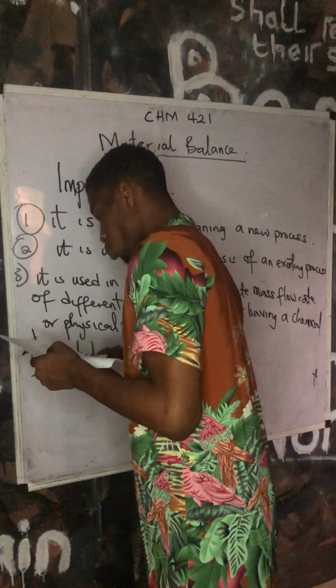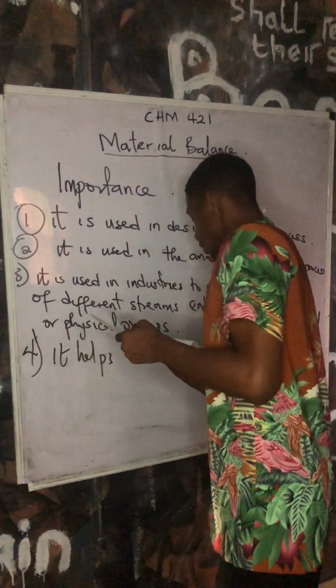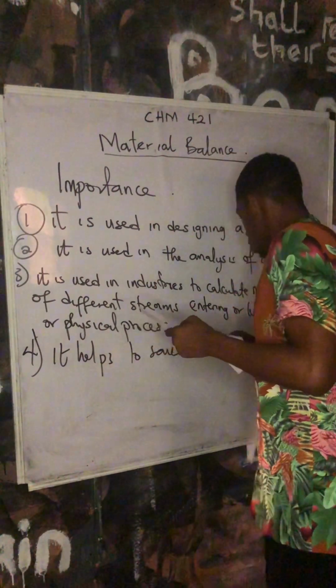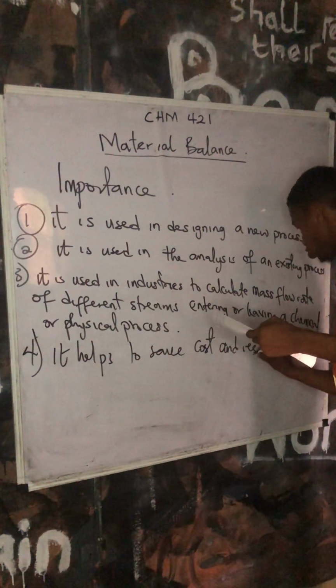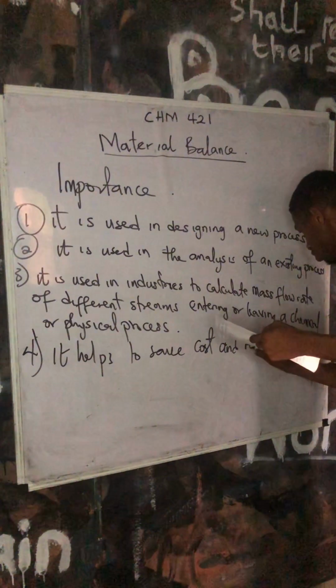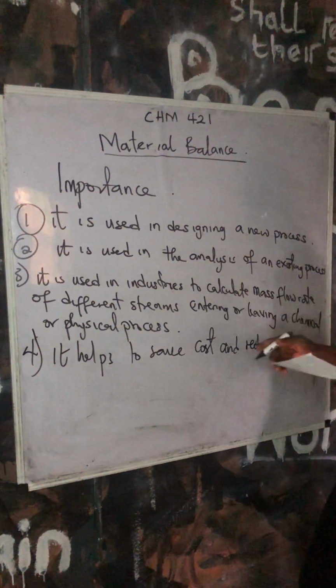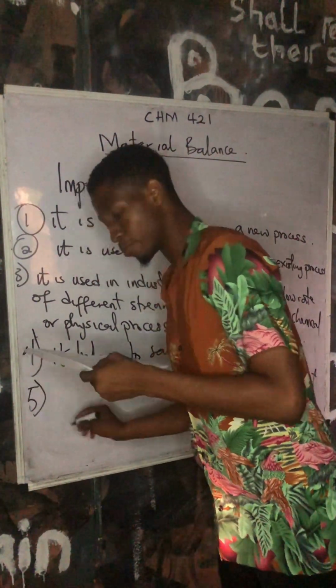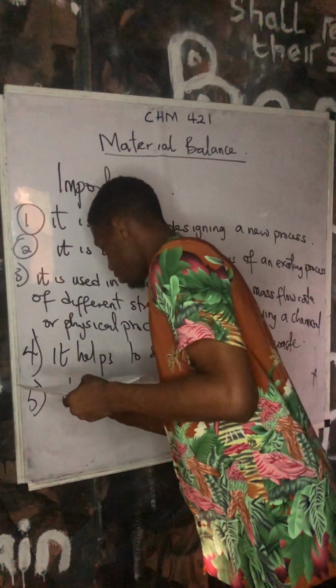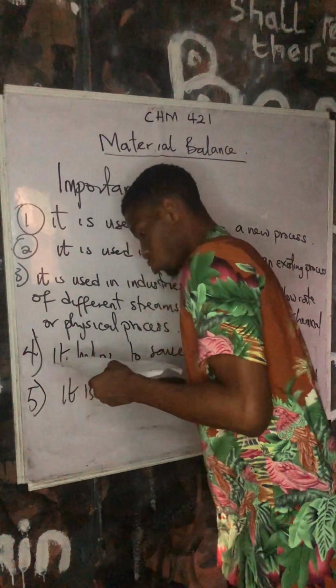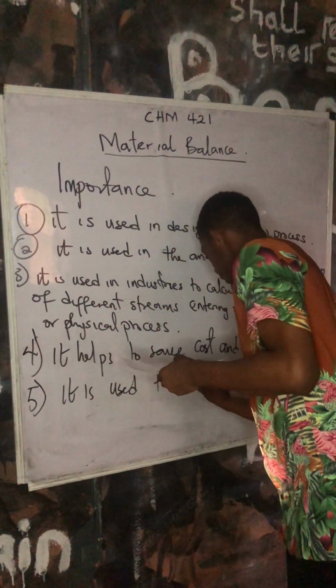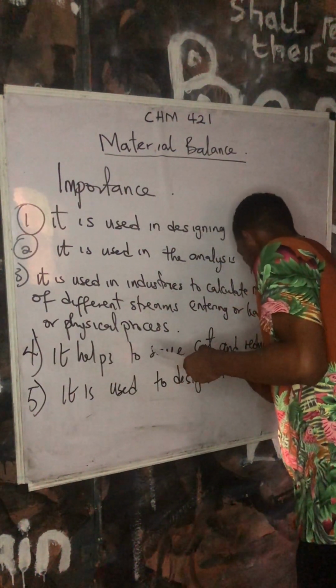Then number 4, it helps to save costs and reduce waste. And then last but not least, number 5, it is used to design a reactor.